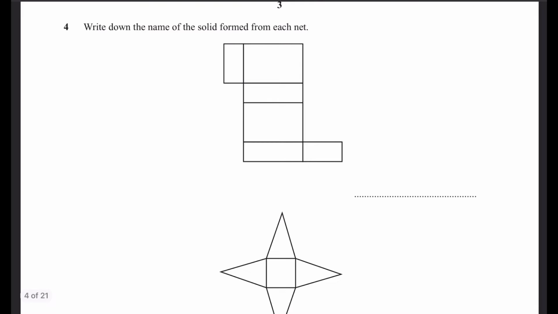This is question number 4. Write down the name of the solid formed in each net. If it goes up, and if you fold it, it will be exactly a cuboid. This type of shape is called a box-like shape, and it is called a cuboid.